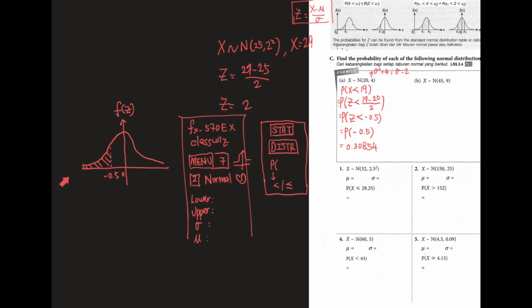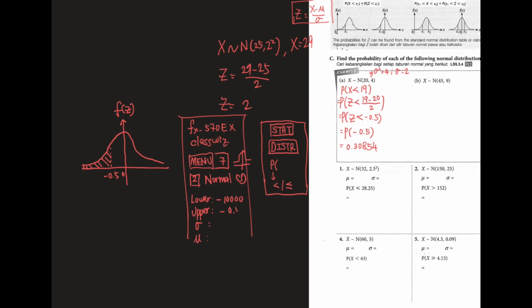If you want to key in negative 1 million, just go ahead, you get the same answer at the end. For the Upper, our shaded region is from a very negative value to negative 0.5, so negative 0.5 is the upper boundary.